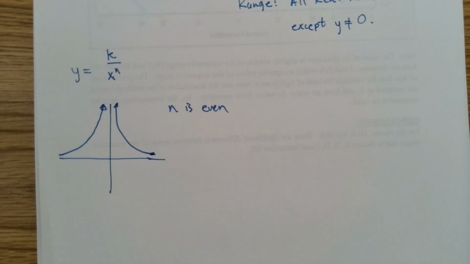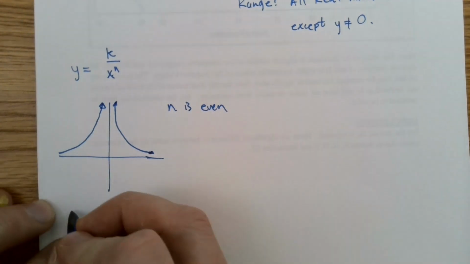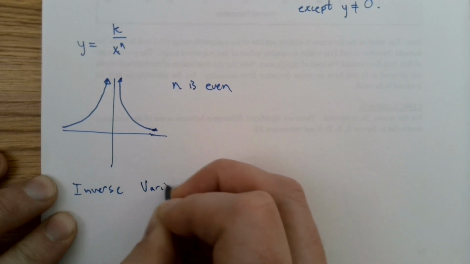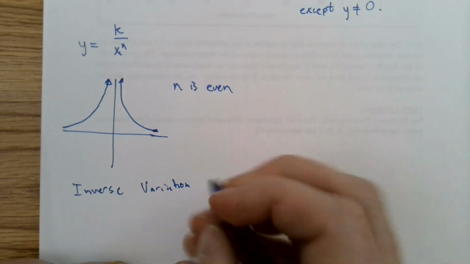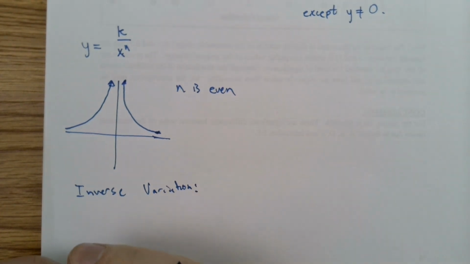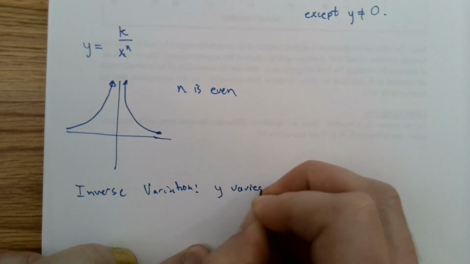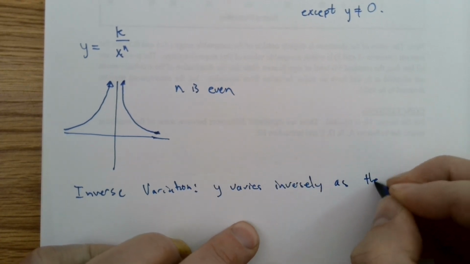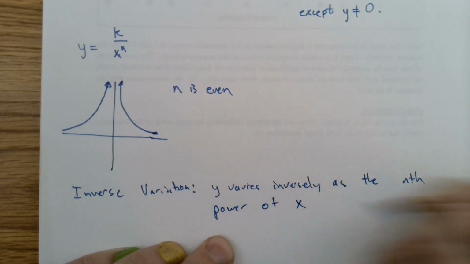The one thing we added in here is the language of inverse variation. So we noted that inverse variation has equations that are written in this form. Well, we say this: y varies inversely as the nth power of x.